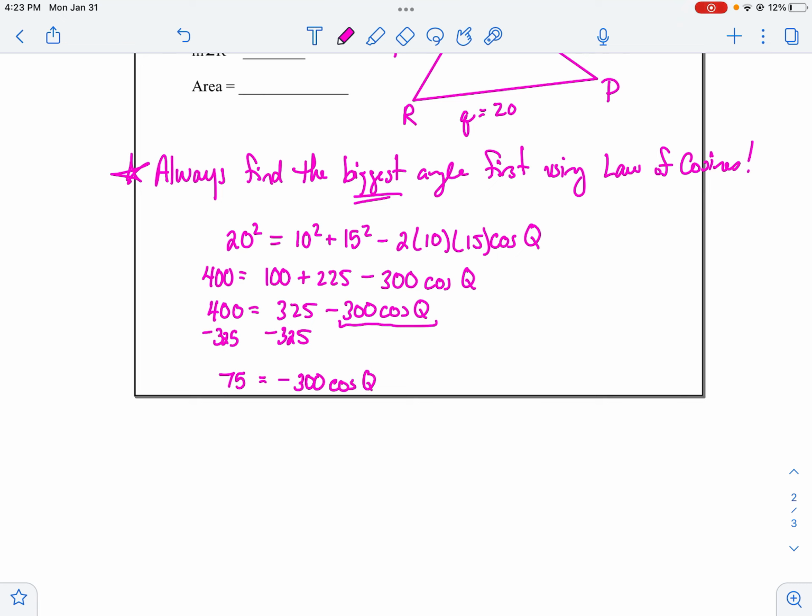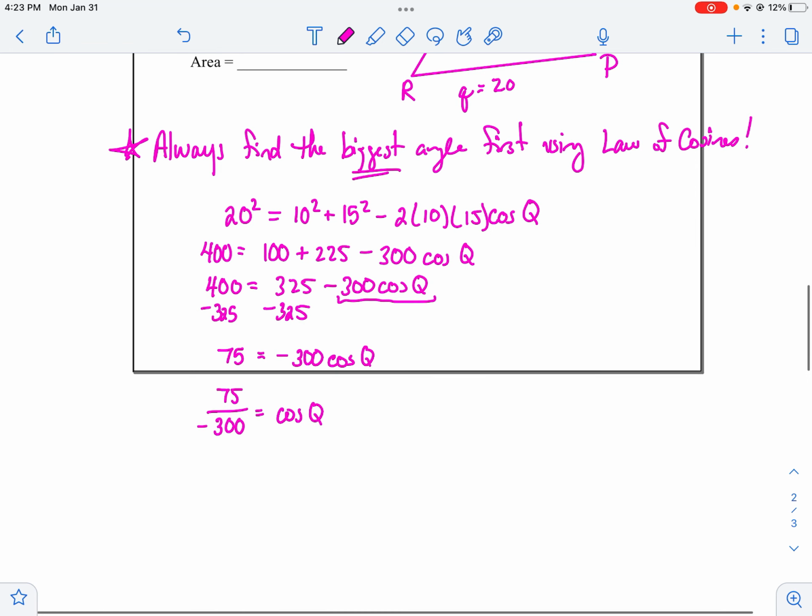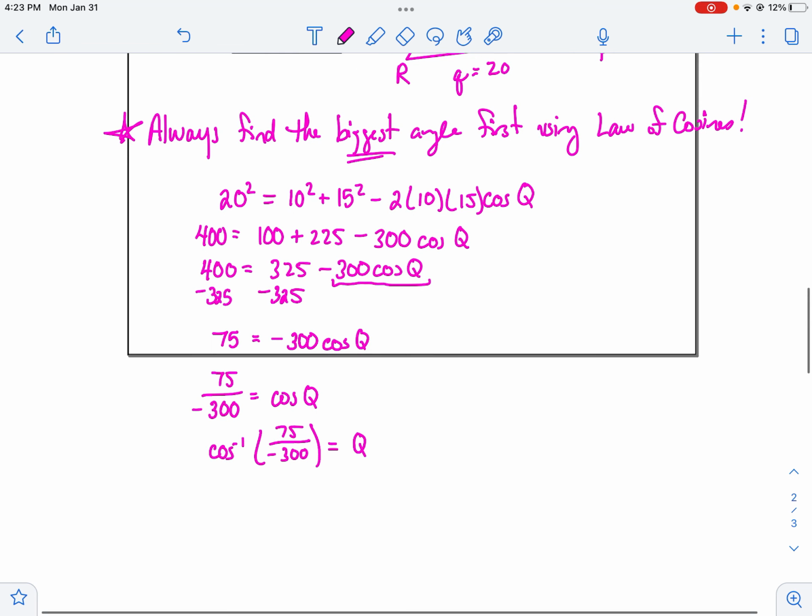I can divide by negative 300, so I have 75 over negative 300 equals the cosine of Q. And so to solve for Q, I can take the inverse cosine of 75 over negative 300. And that's going to give me Q. So I get out good old Desmos, right?